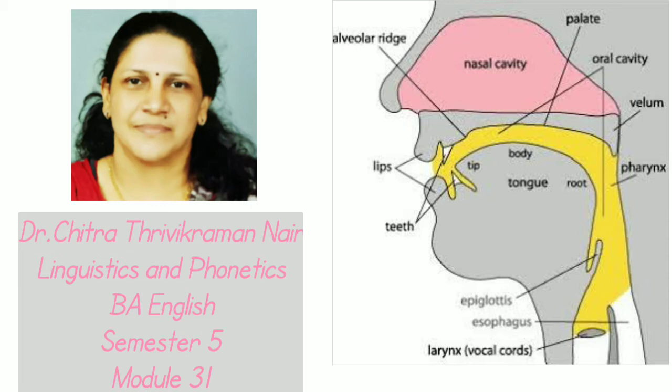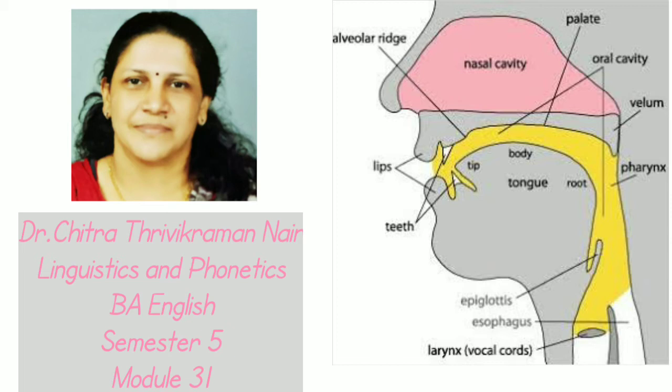Then finally you have the soft palate, which is also known as velum, V-E-L-U-M. The soft palate is one of the most important articulators under the roof of the mouth. It allows air to pass through the nose and through the mouth. And it is one of the articulators that can be touched by our tongue.